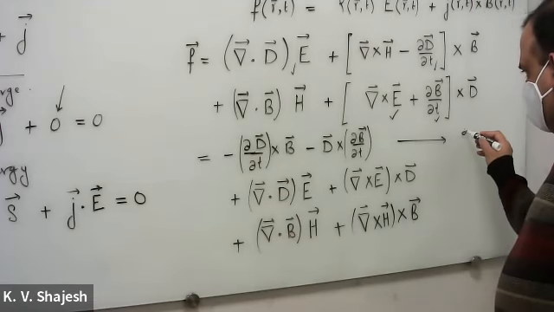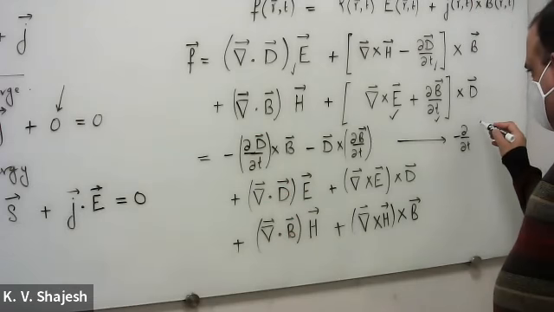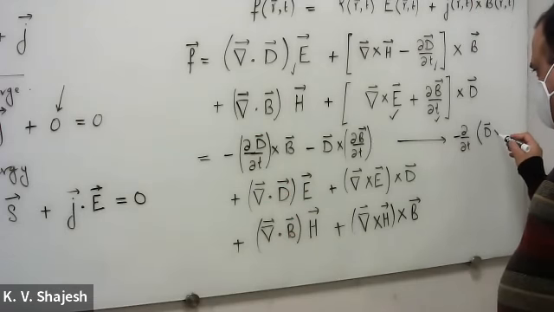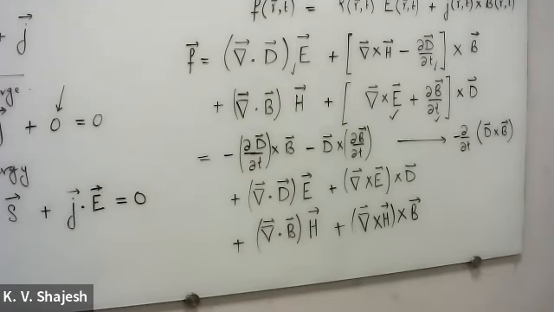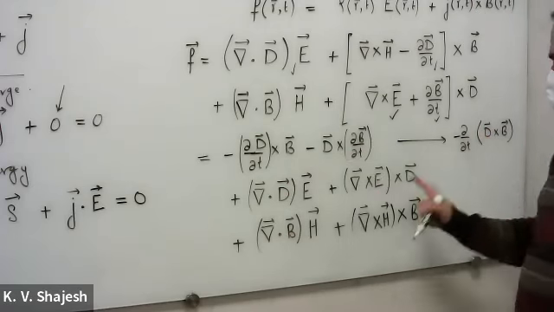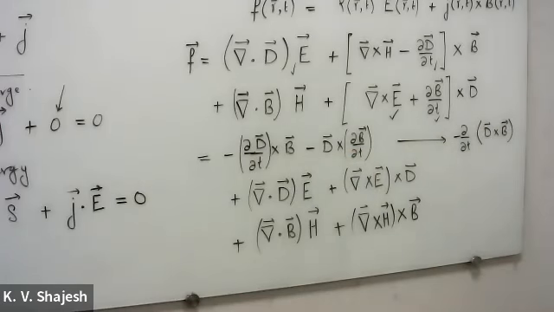This is nothing but the time derivative of, or minus the time derivative of, D crossed with B. So this is D crossed with D. Once it will hit D, that's this. It can hit B, that's the second. Okay.